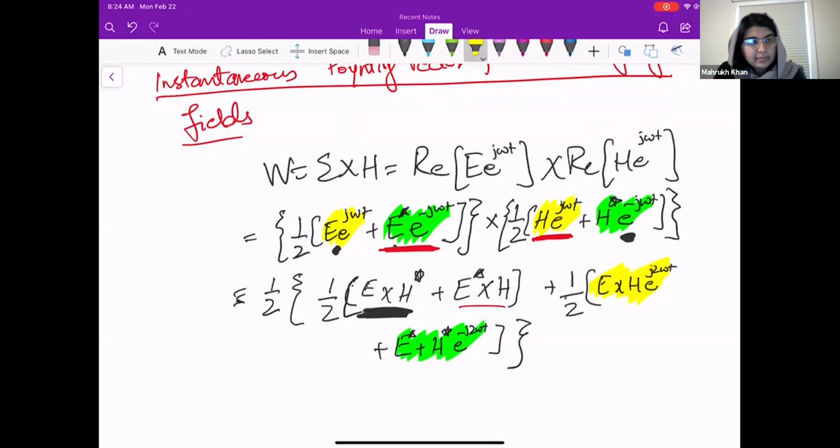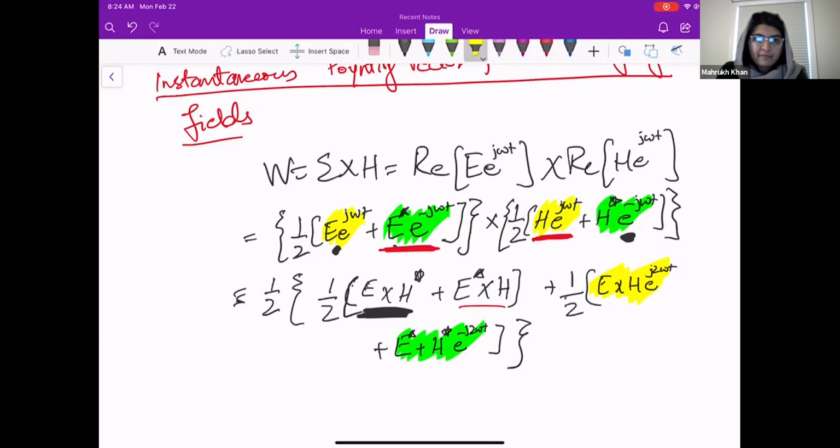Are we good about this? Where does the 1/2 come from at the start of each of those? Not the one at the very beginning, but the other two. When you are multiplying E cross H, your 1/2 will also multiply, right?